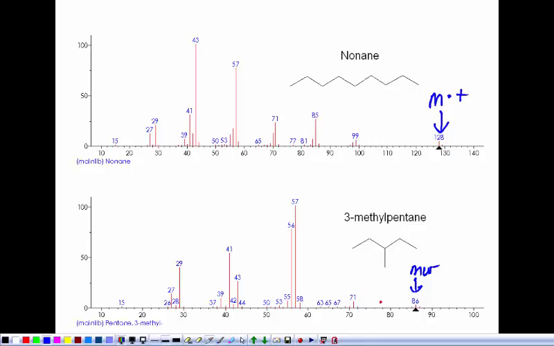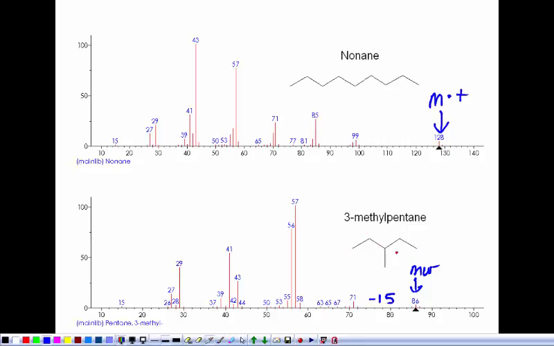I lost 15 atomic mass units. Well, what weighs 15 atomic mass units? A carbon and 3 hydrogens. So how did I get to 71? Well, 71 was when this molecule basically broke a carbon-carbon bond and lost a methyl group.